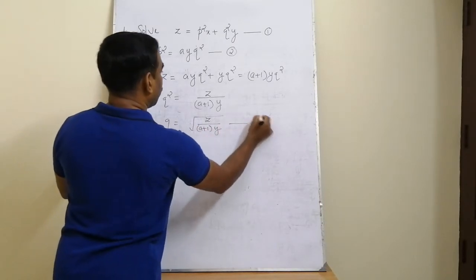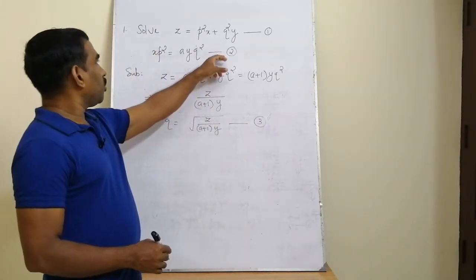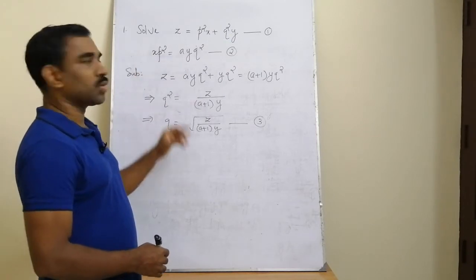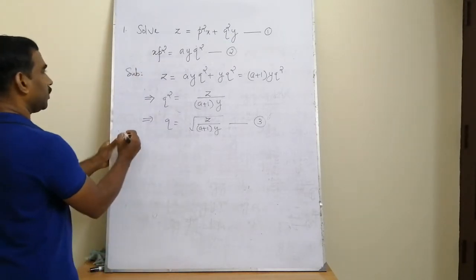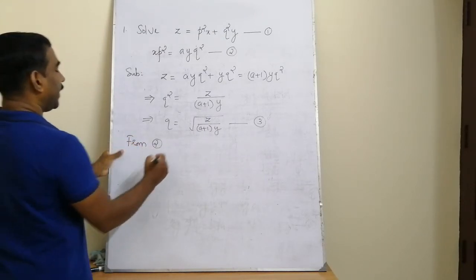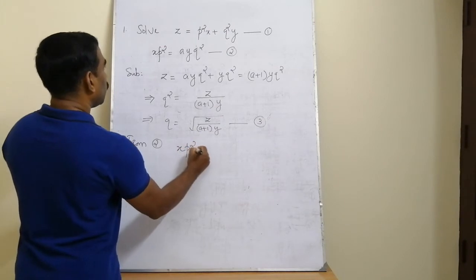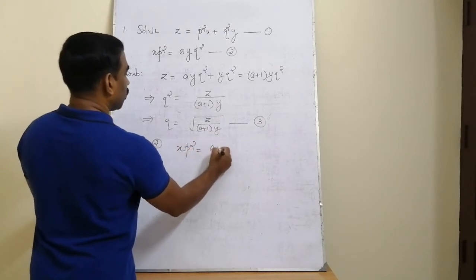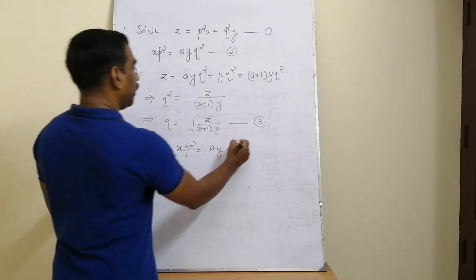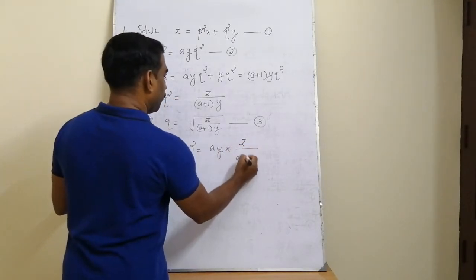Equation number 3. Also from equation number 2 we can find the value of p square, or p, by substituting for q square. That is, from equation number 2, x p square is equal to a y q square. And what is our q square? q square is z divided by (a plus 1) y.